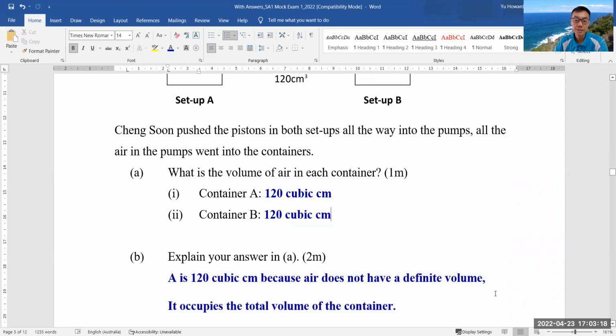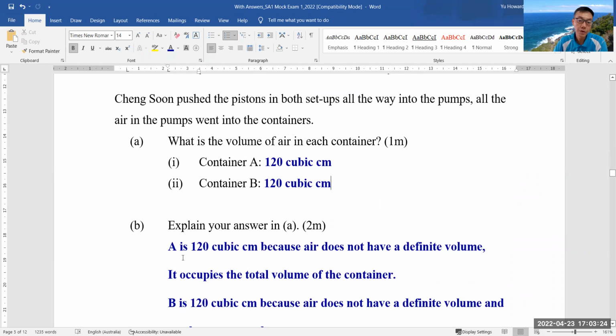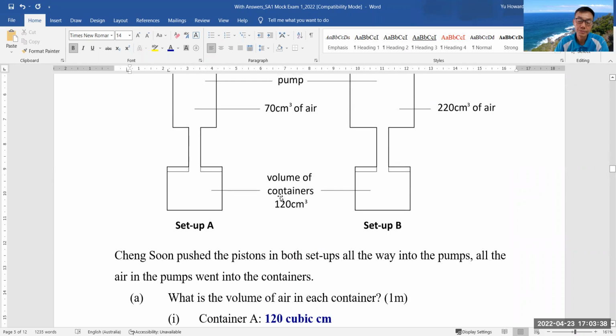Both should be the same. Here you need to explain for container A and for container B. For container A, it is 120 cm cube because air does not have a definite volume. It occupies the total volume of the container, which is 120.